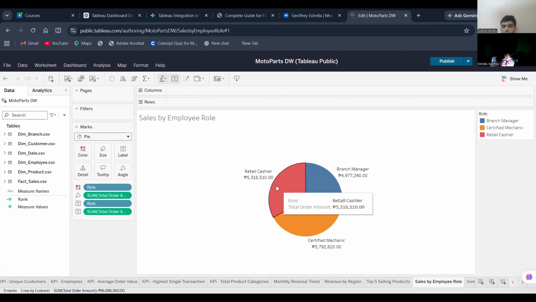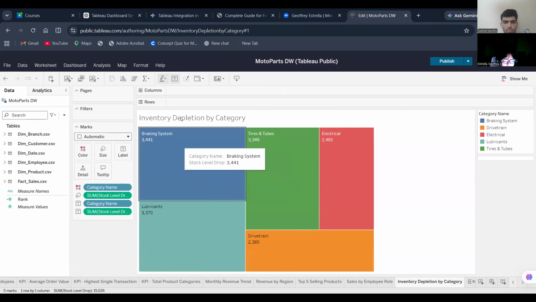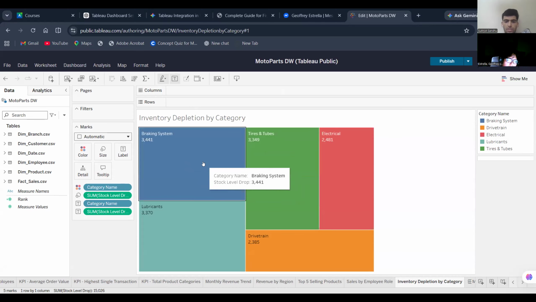And this is sales by employees or retail cashier. The second highest, the certified mechanic, has the highest total order amount. And the third, lastly, is the branch manager. And this is the inventory depletion by category.